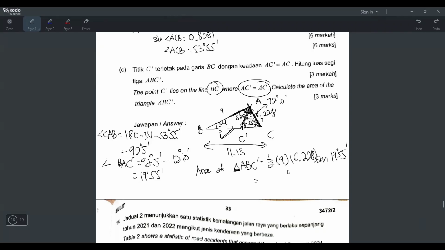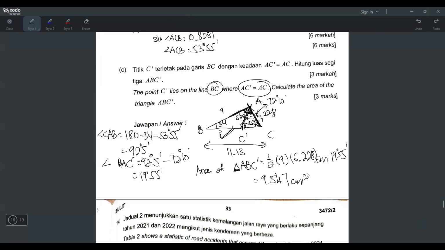Let's press this and see what the calculator gives me. So 9 times 6.228 times sine 19 degree, 55 minute, and then answer divide 2. Okay, I get it already. 9.547. So this is the area, cm square.